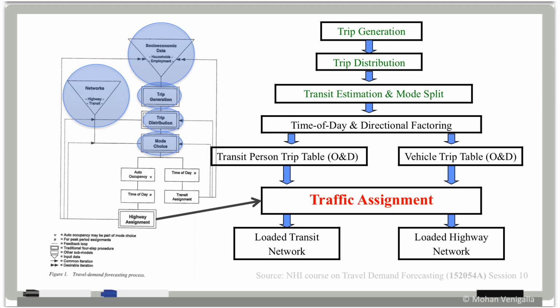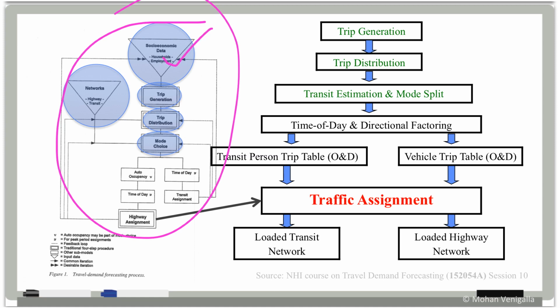By now you probably are sick of this particular drawing, which I keep forcing onto you at the beginning of every module. We talked about socioeconomic data, travel surveys, etc., and we talked about networks as a part of module 2, and then we went to module 3 with trip generation, module 4 trip distribution, module 5 mode choice, and now we have module 5.